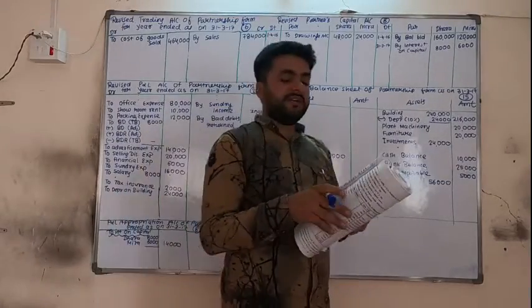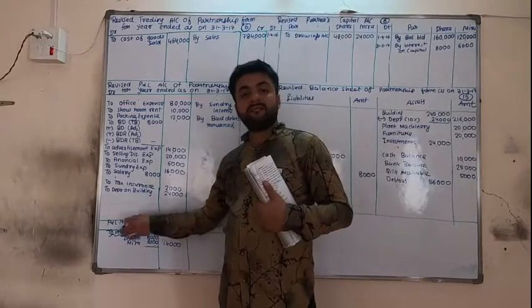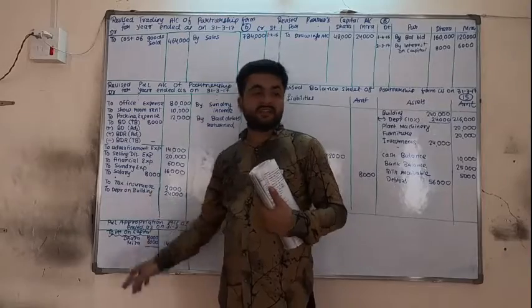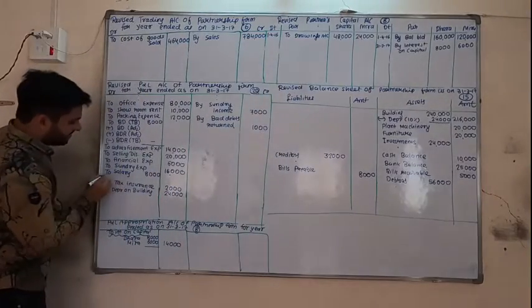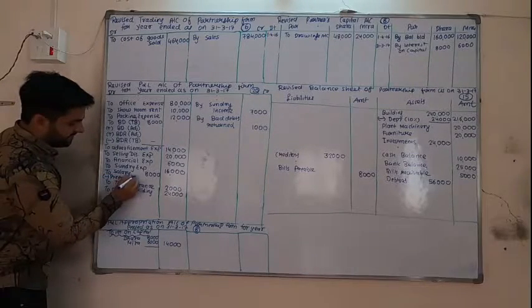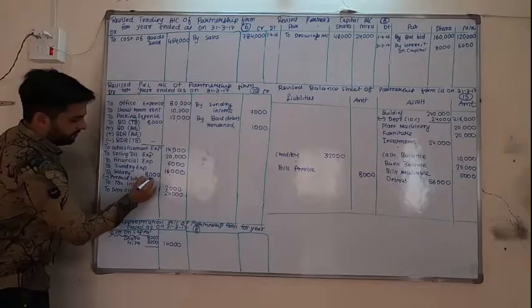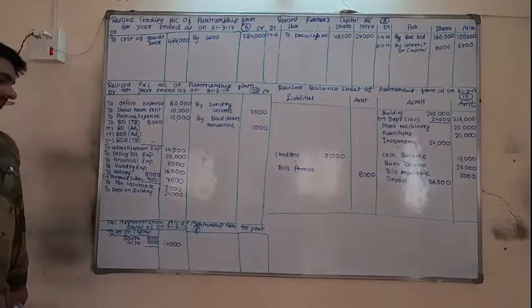Next, prepaid salary. Prepaid and advance are always minus. Now debit side minus means credit. If one is credit, the other is debit. So prepaid advance is minus, so minus prepaid salary 400. In the outer column it is 7,600.